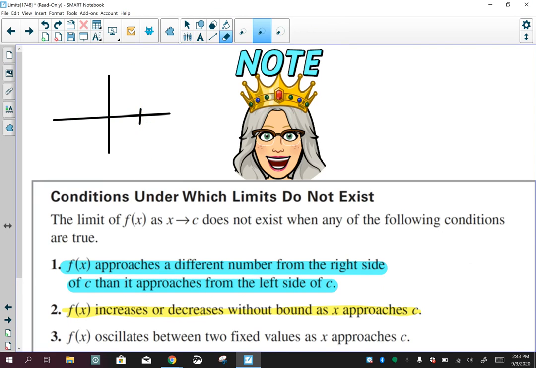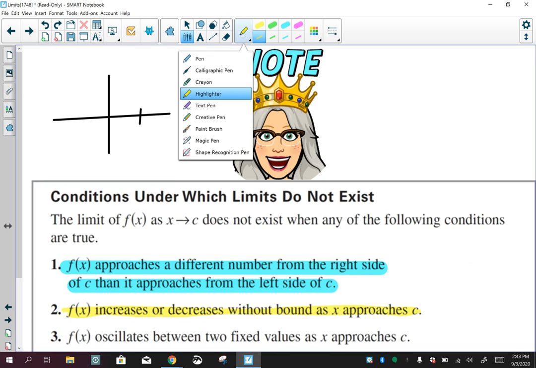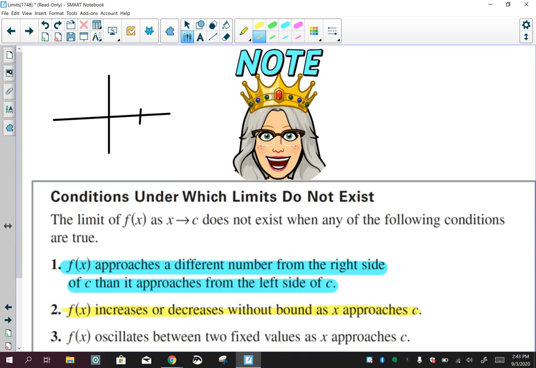The last one oscillates. What this is saying is that I'm going to bounce up and down between two specific numbers. Something like that.